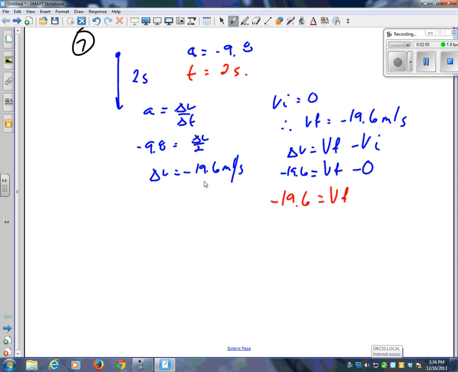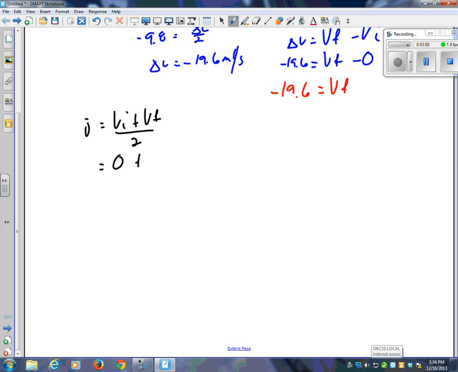How far has the bag fallen? When you're asked for how far, you need to find average. Before you can find how far, you have to find average. 0 plus minus 19.6 all over 2. What's the average velocity?